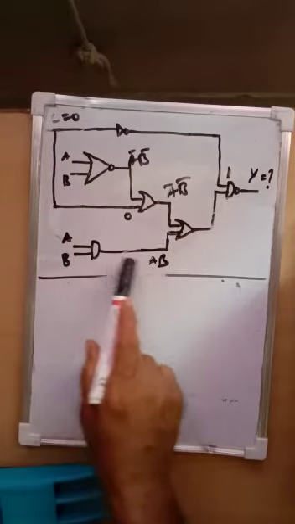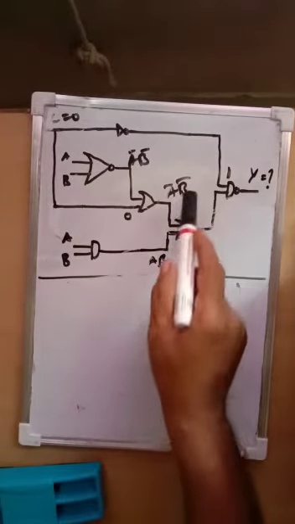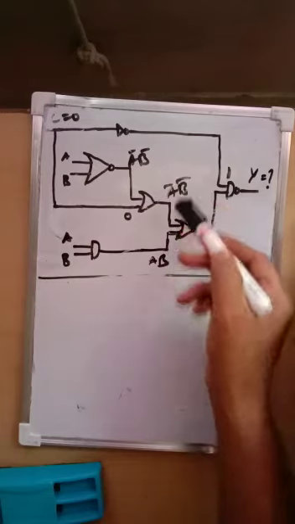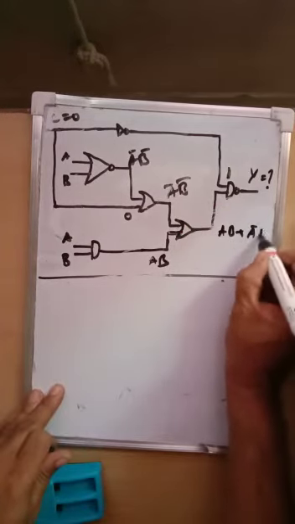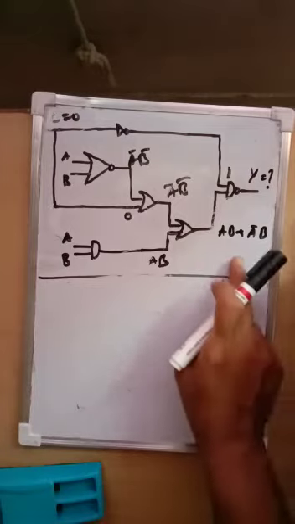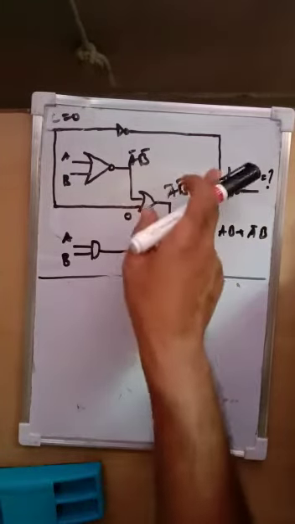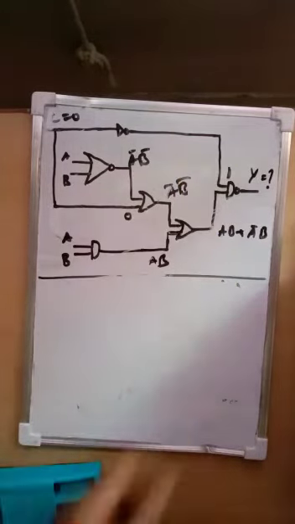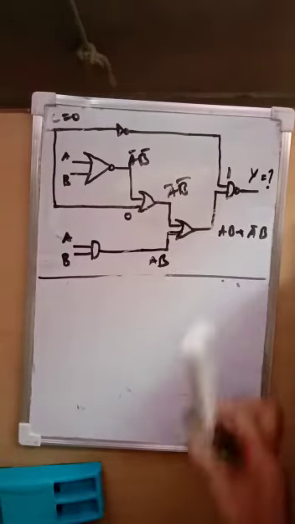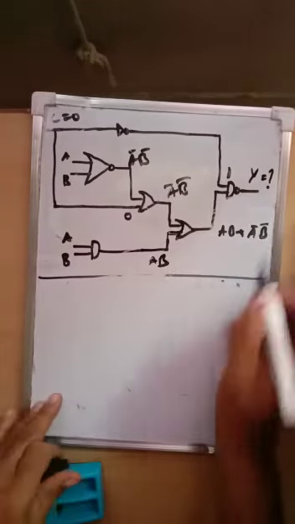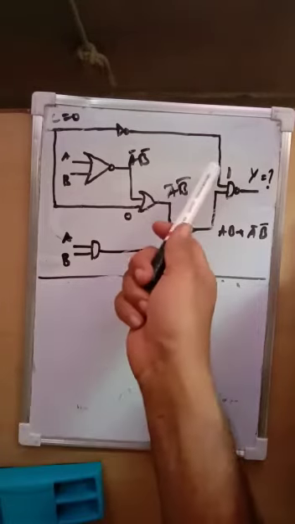Here AB is from the AND gate. Then that means this is an OR gate of these products. That means here this value is equal to AB plus A bar B bar. And this is applied to this, and this is connected to this. Already we have discussed that if the NAND gate input is 1, it is A bar B bar. So what could be the value?